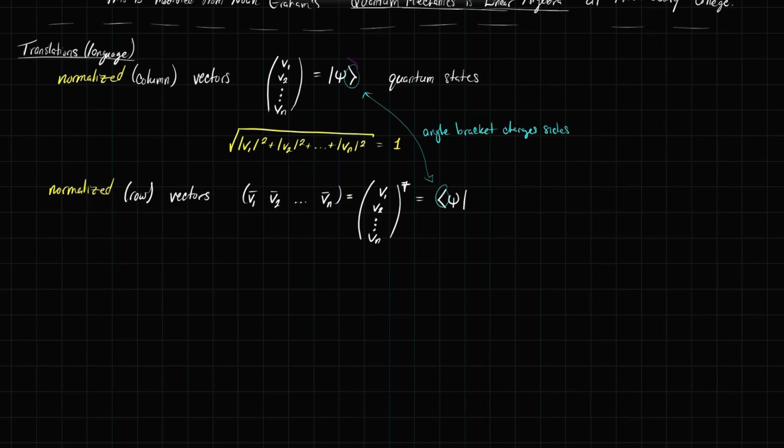And even stronger than that, we give this the name the ket of psi. We give this the name bra of psi. And so together this is called bra-ket notation, like bracket, a play on words of bracket notation. I believe it's attributed to Dirac, Paul Dirac. So that's how we'll refer to quantum states in rows or column vectors.